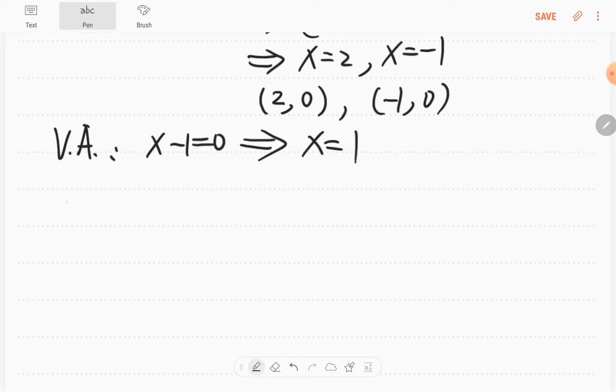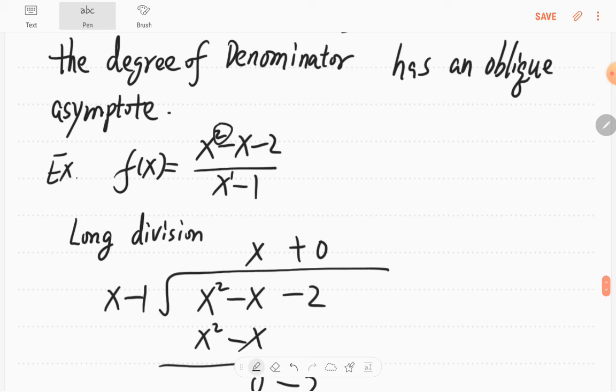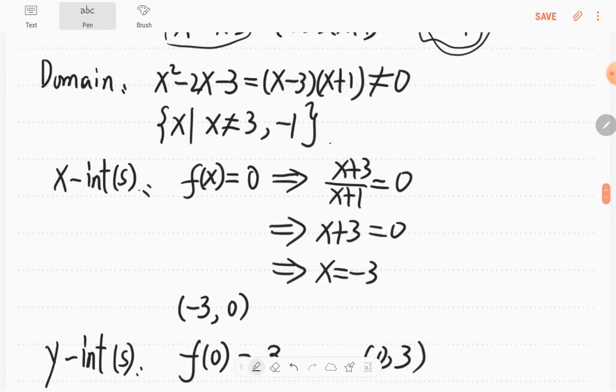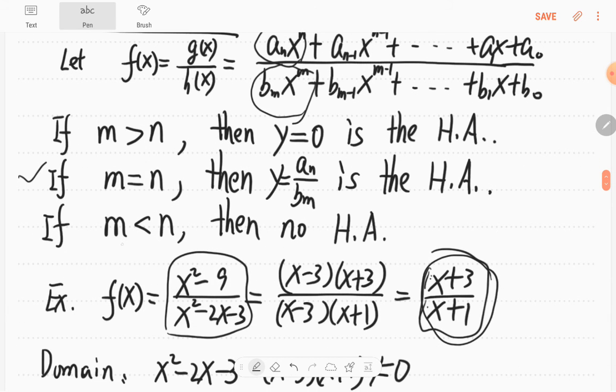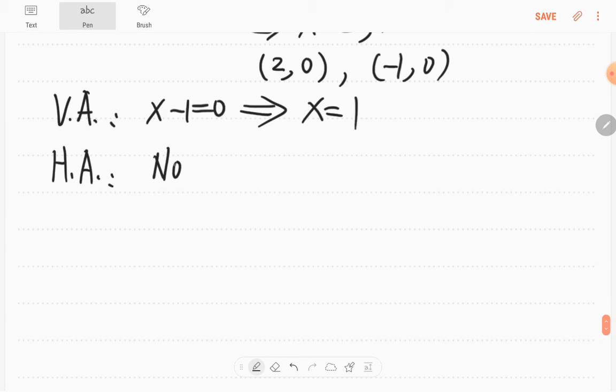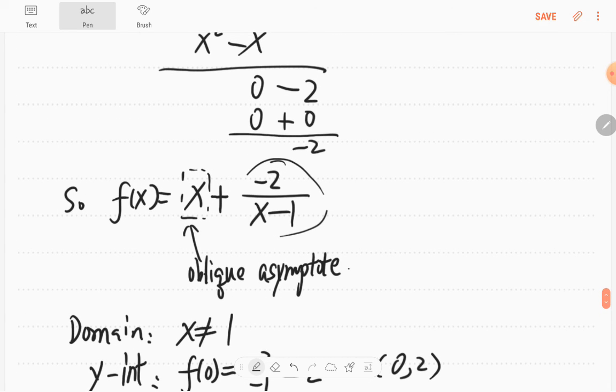Since the degree of the top is greater than the degree of the bottom, by the rule, if the degree of the denominator is less than the degree of the numerator, there is no horizontal asymptote. So we have no horizontal asymptote. We have the oblique asymptote, which is y equals x. As I said, this part is the oblique asymptote.